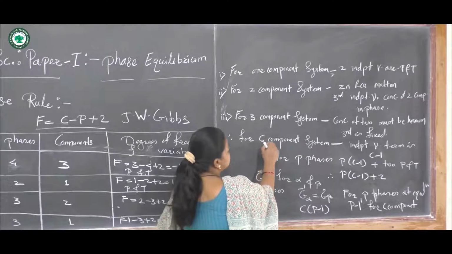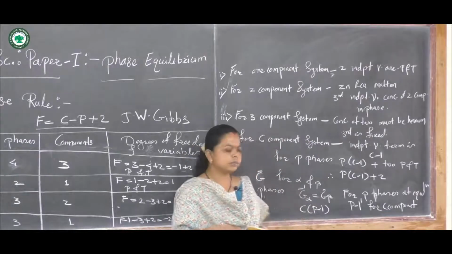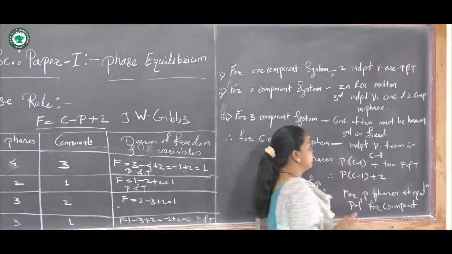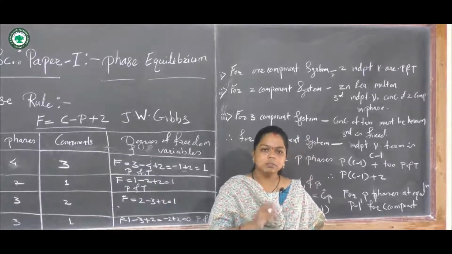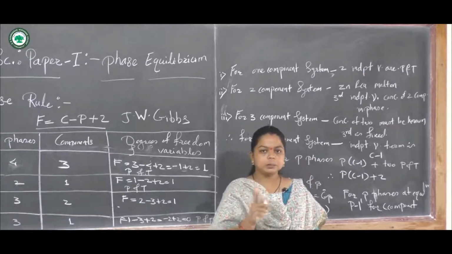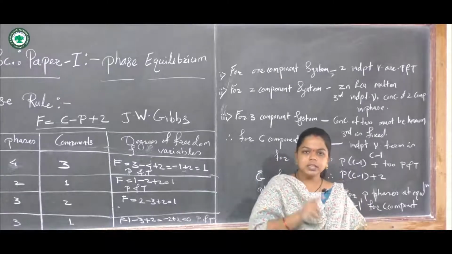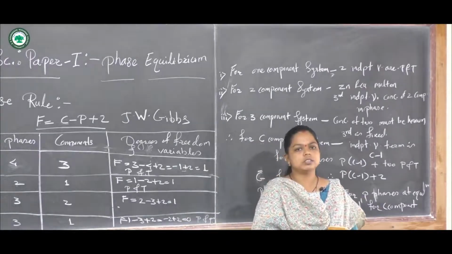If we consider a C component system, where C is the number of different components, the independent variables become C minus 1, because we have kept one variable fixed or constant in a three component or more than three component system.